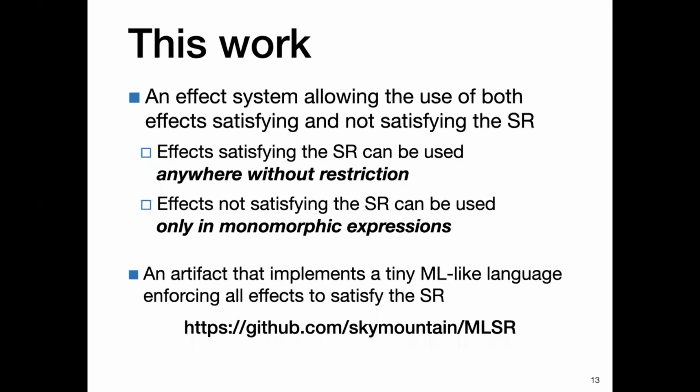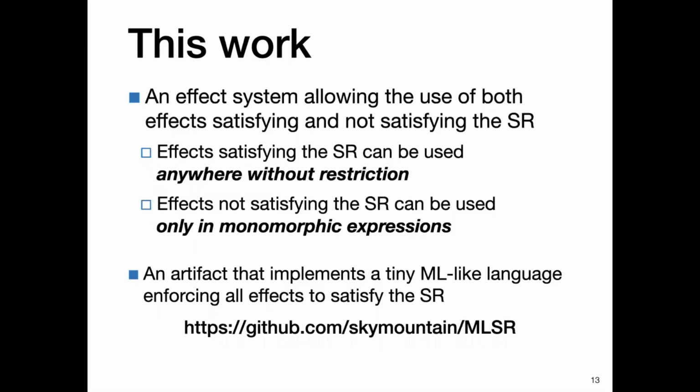But the problem with this simple type system is that we cannot use both effects that satisfy and don't satisfy the signature restriction. So to solve these situations, we propose an effect system where both safe effects and unsafe effects can be used.